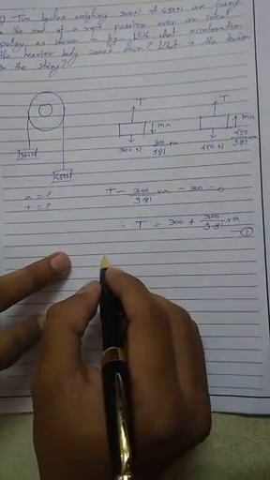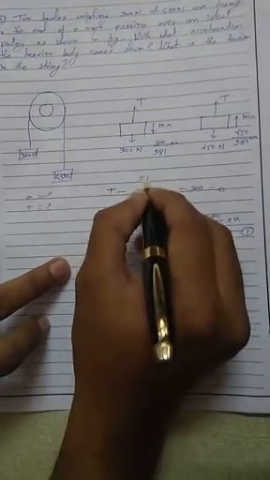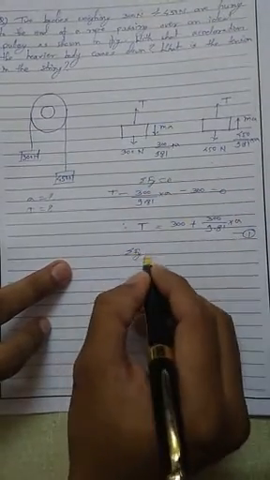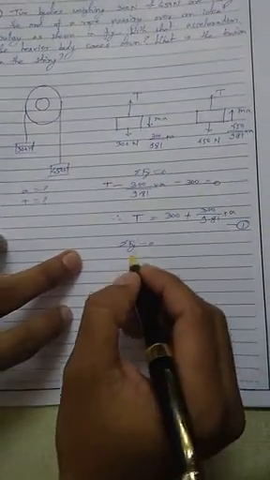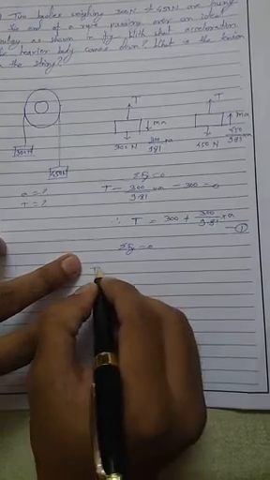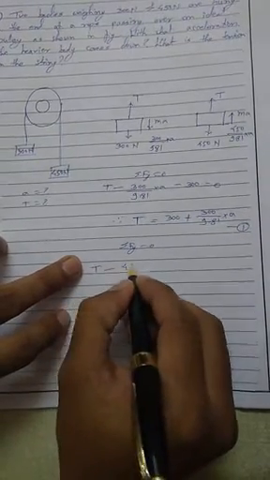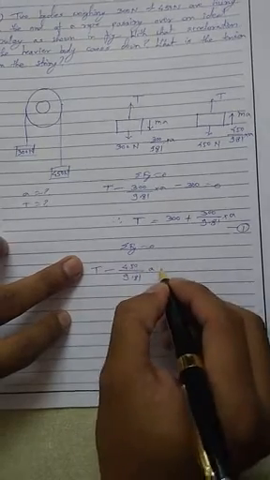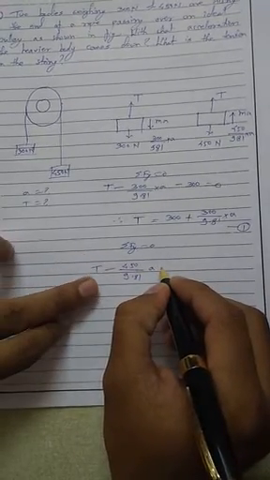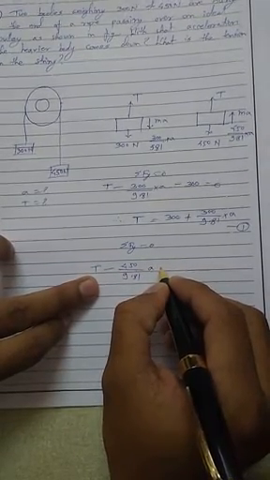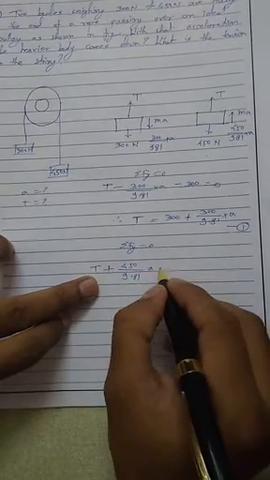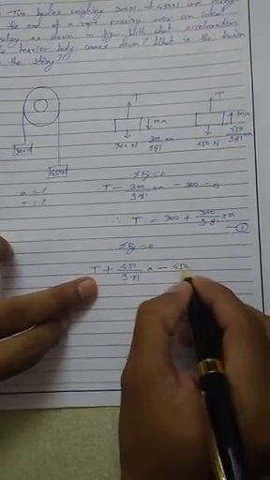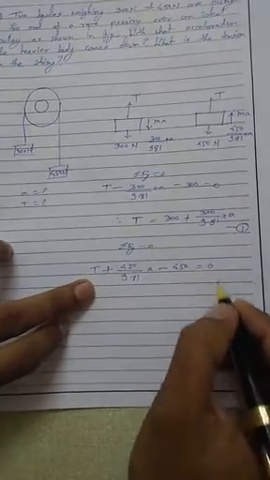Now apply the equilibrium condition for the 450 Newton block. There is no horizontal force, so we apply summation of Fy equal to 0: T upward positive, minus 450 divided by 9.81 into A, minus the 450 Newton weight, equal to 0.